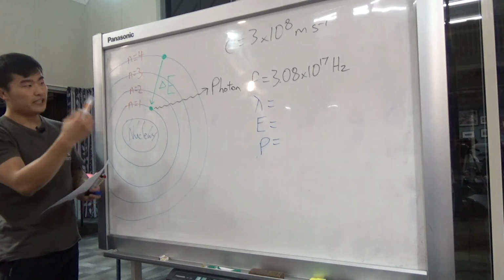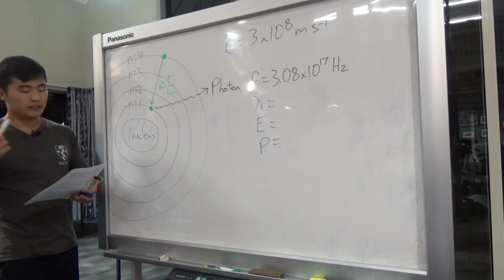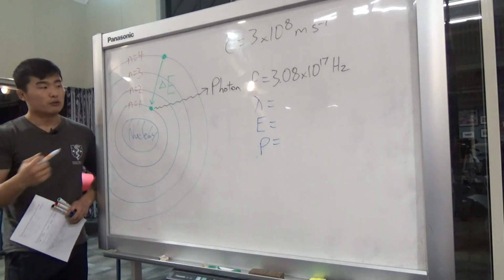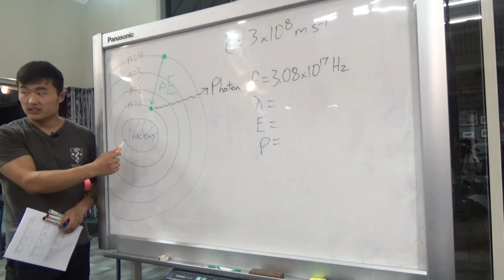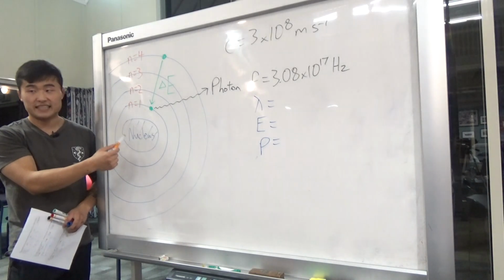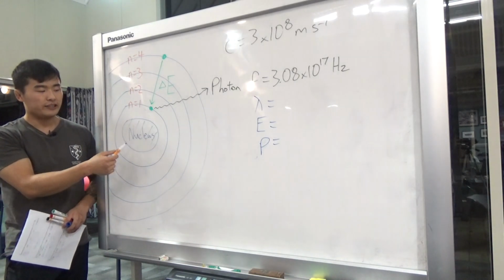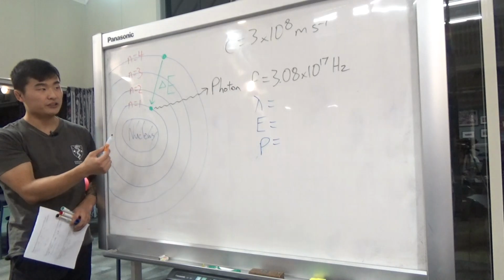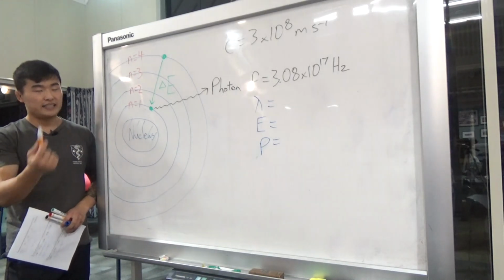But we can't do that using the normal equation, because we don't know how many protons this nucleus contains, so we don't know Z. We don't know the atomic number, so we can't use the delta E equation.